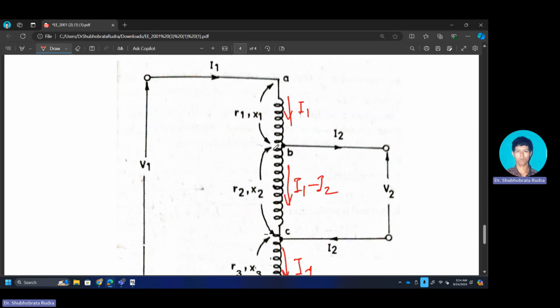So if this is your N2, again N1 I1 remains the same. Whatever you had, N1 minus N2 times I1 plus N2 times I1 minus I2, that same thing will remain here.